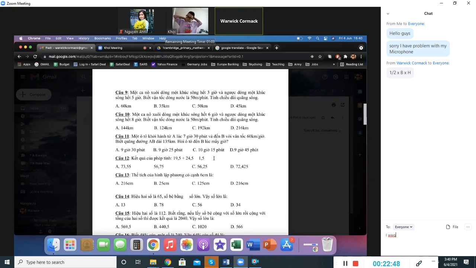Let's see. This 66. That also doesn't make sense because you have to do the multiply first. So let's say 24.5 multiplied by 1.5. That is 36.75 plus the 19.5 is 56.25. Ah, there we go.